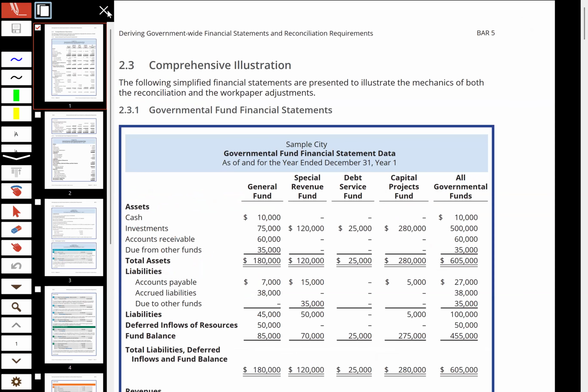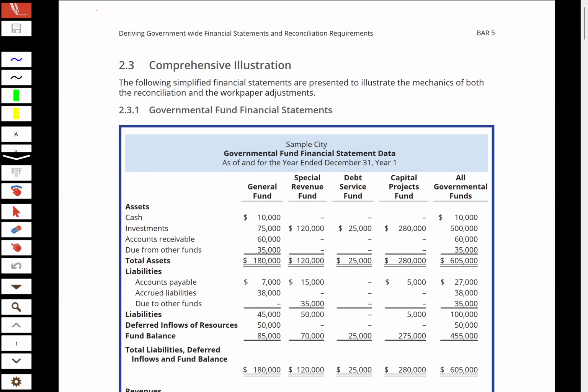Remember, when we looked at our transactions mainly in some of the other chapters, really starting pretty much with chapter 4, we looked at a set of journal entries that would be consistent with the fund financial statements, then looked at that same transaction, say a fund financial statement using modified accrual like the general fund. And then we would look at that same transaction, say, well, here's how it would be recorded if you made the journal entry to prepare the government-wide statements.